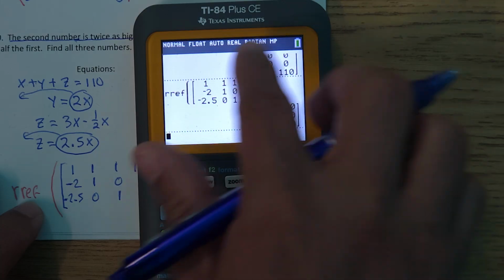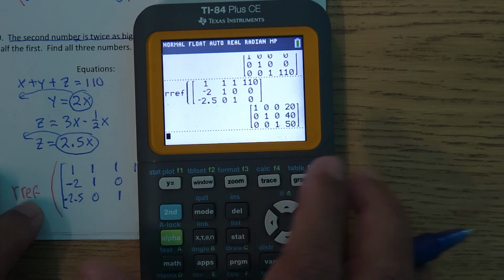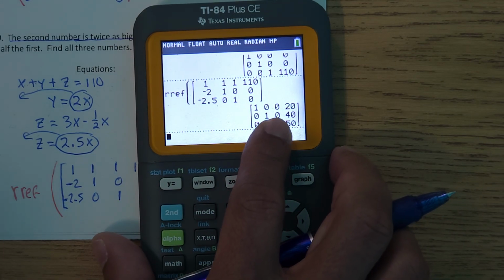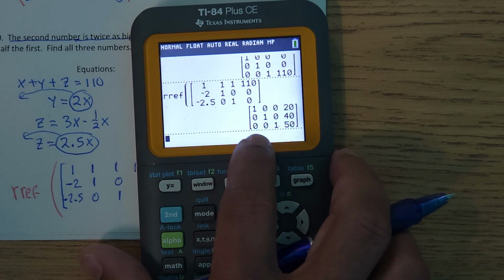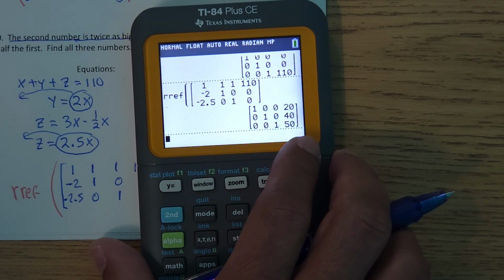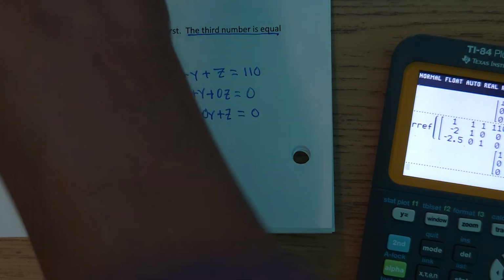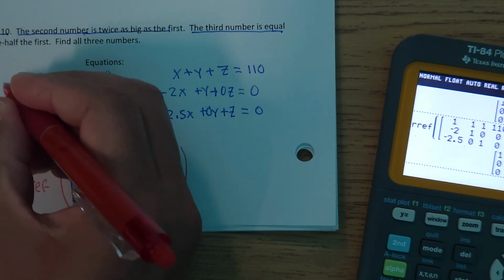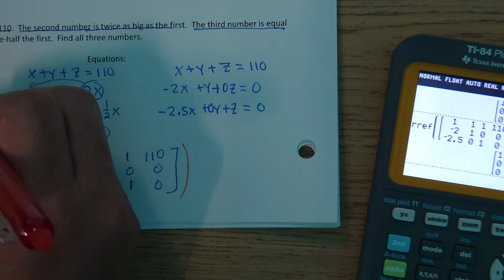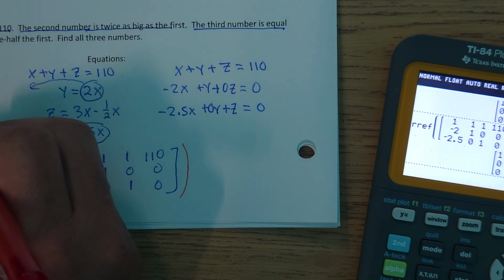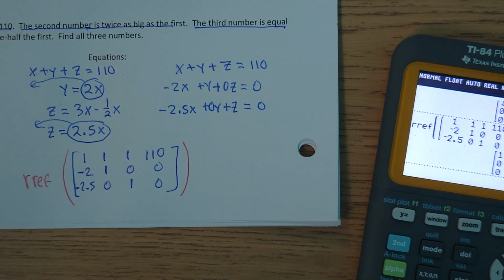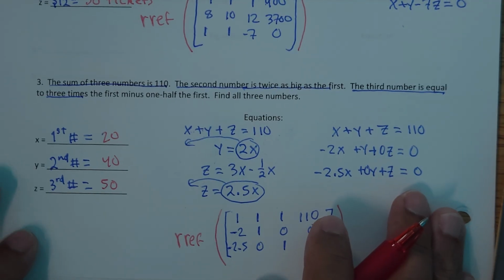Okay, so that was a typo that I made on the calculator. So then we have that the first number is 20, the second number is 40, and the third number is 50. So the first number again is 20, the second number is 40, and the third number is 50. Okay, and that is the answer to this problem.